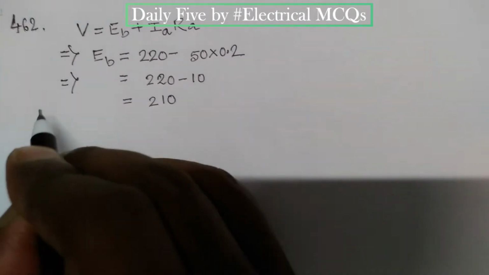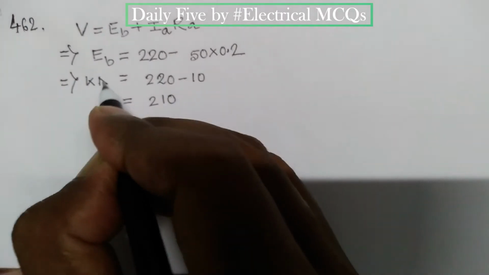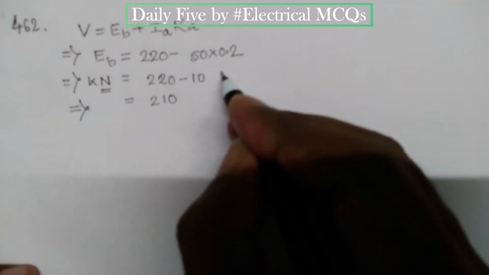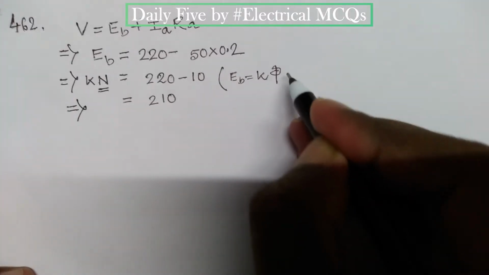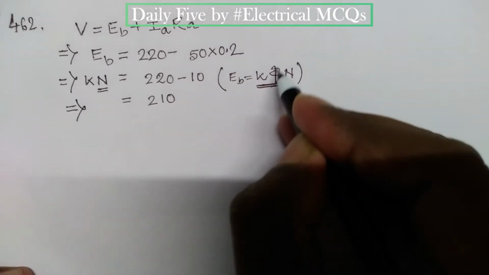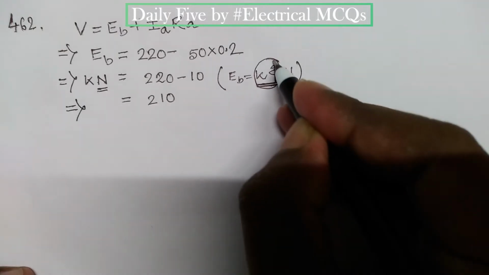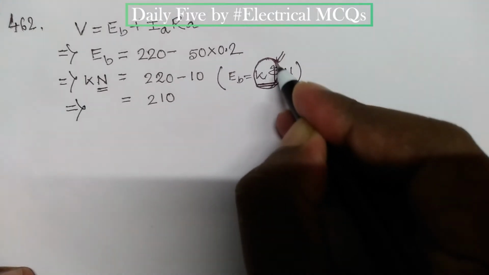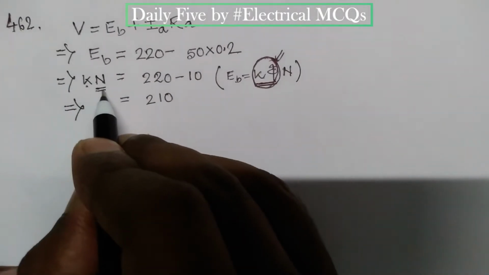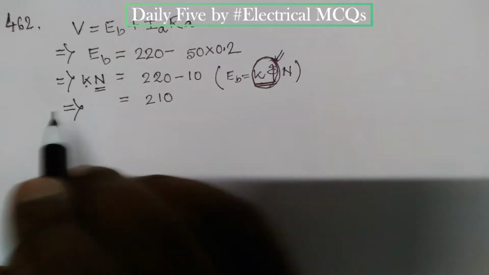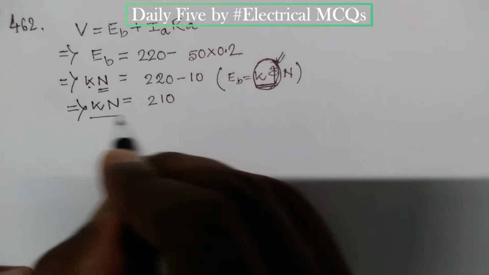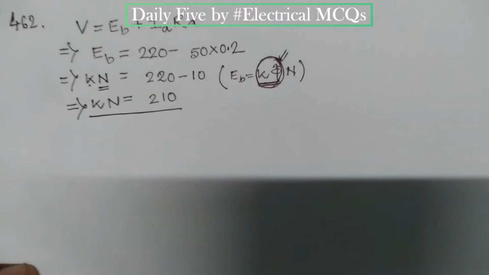And also we know Eb is equal to K into N, where N is the RPM. Basically Eb equals K phi N. As for a DC shunt motor this phi is constant, so the total K phi will be constant, and we are taking this K phi to be K, making this K into N. Okay. So K into N is equal to 210 for the initial condition.